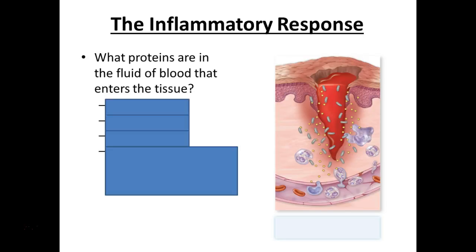And in that fluid, there are some important proteins that your book doesn't completely outline. It mentions two of them in this chapter, and I'm sure it's going to mention some of the others later, but I'm going to introduce them to you now. The two your book mentions are complement, which we'll talk about next week, and transferrin.